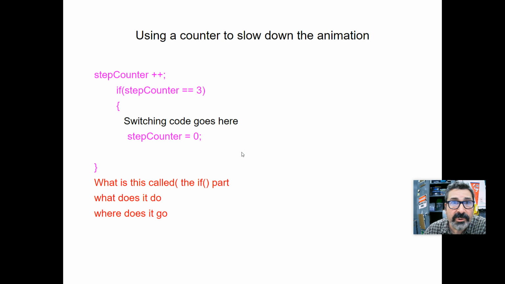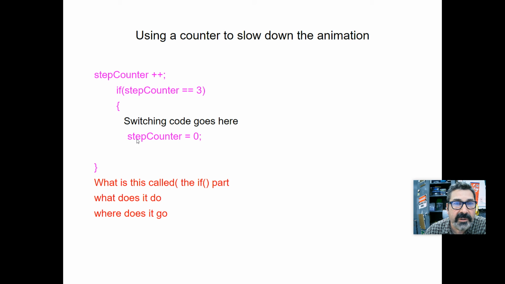All right, here's the actual Java code. Your pseudocode: stepCounter plus plus. That's the same thing as saying stepCounter equals stepCounter plus 1. This is how you add 1 to the stepCounter. If the stepCounter is equal to 3, then you're going to add your switching code here.